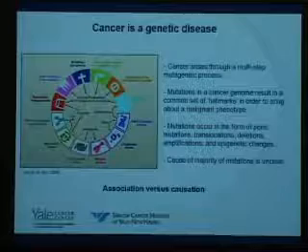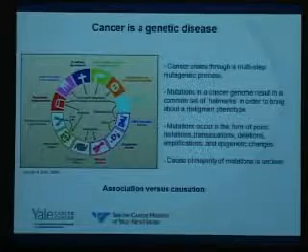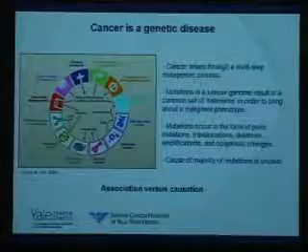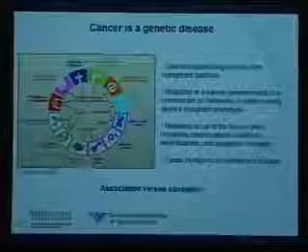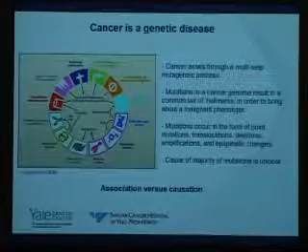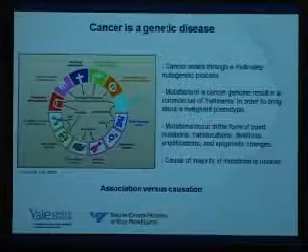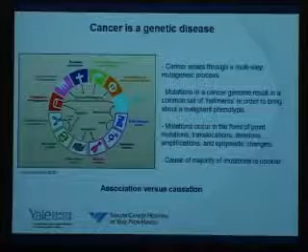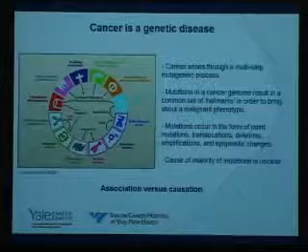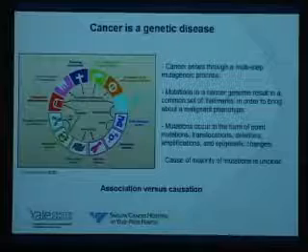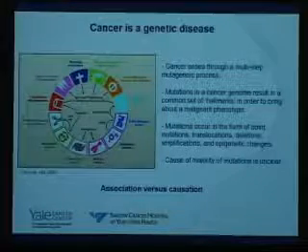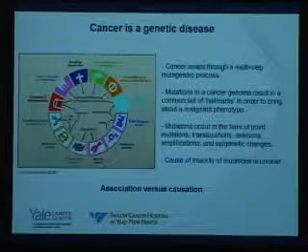These mutations occur in a common set of hallmarks in order to bring about a malignant phenotype through one variation or another. And the mutations occur in the form of different point mutations or chromosome translocations, deletions, amplifications, and epigenetic changes.